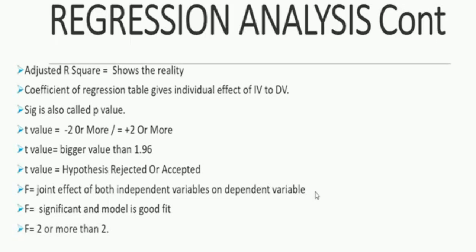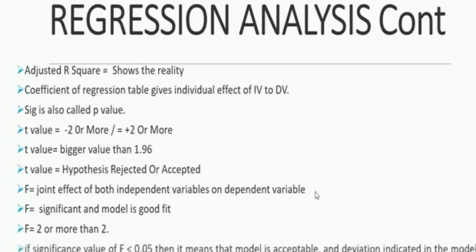Your F value should be 2 or more than 2. Let me repeat, your F value should be 2 or more than 2. It can be 2, it can be 200, 300, 400. The higher the value is, the more it shows that your model is a good fit and its significant value is good as well.